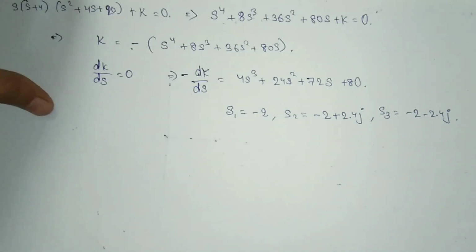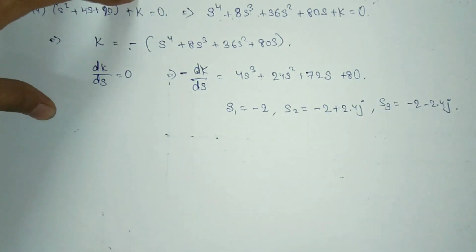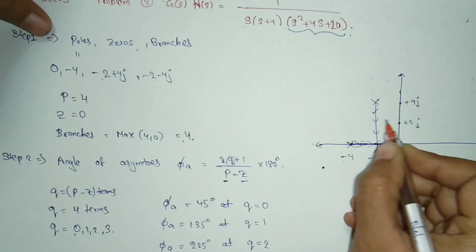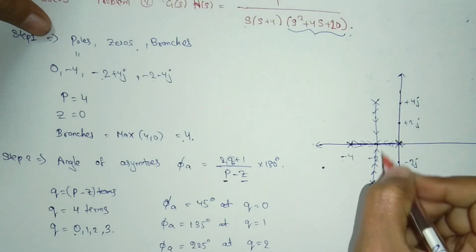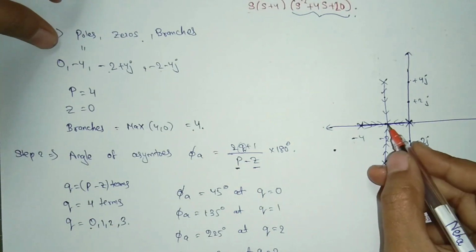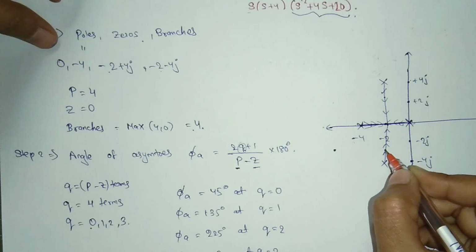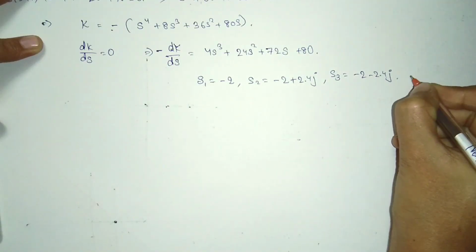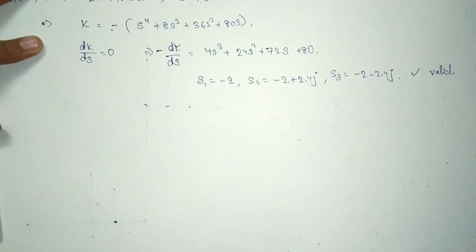Now let's check the next number, minus 2 plus 2.4j. It lies between here, so this is also on the root locus, so this is also valid. And if we consider minus 2 minus 2.4j, it is between here, so this is also a valid number. These all points are valid on the root locus.